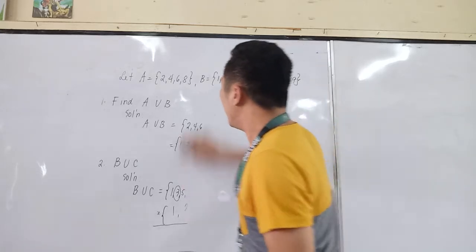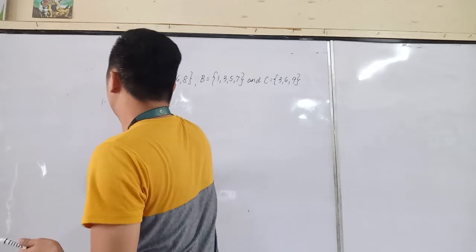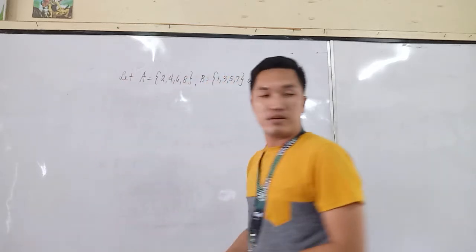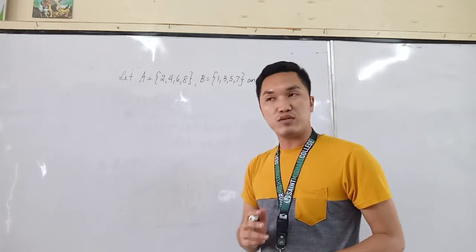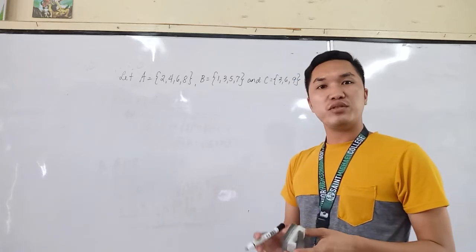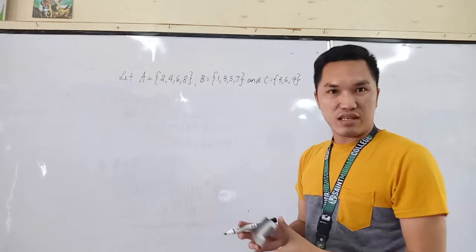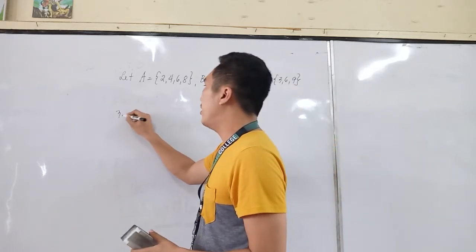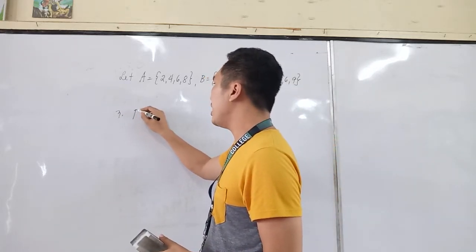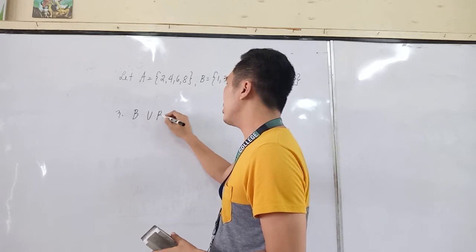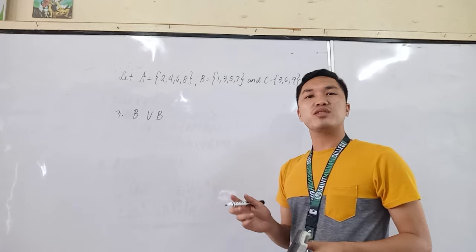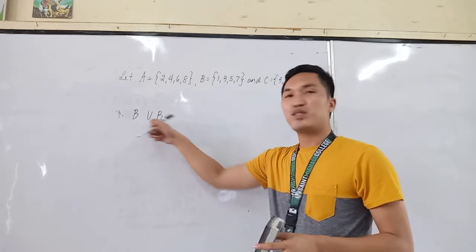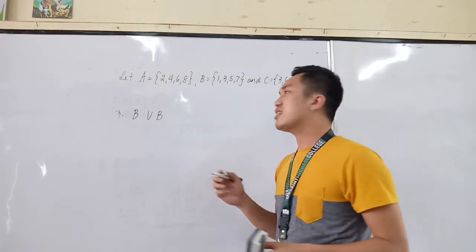Now, for the other examples, let us try to find the union of a set to itself, let us say B union to itself. What will happen if we union a set to itself? Let us solve that.